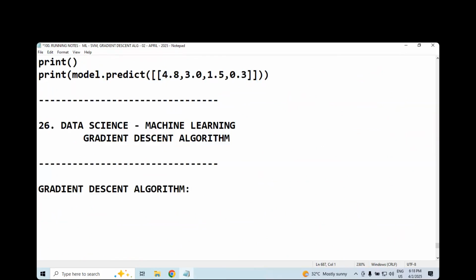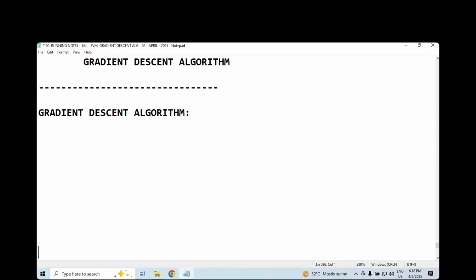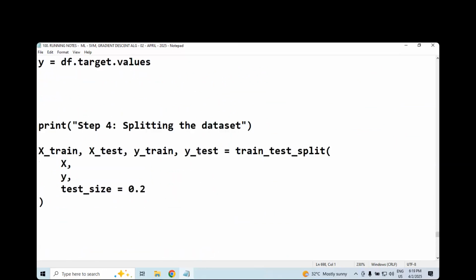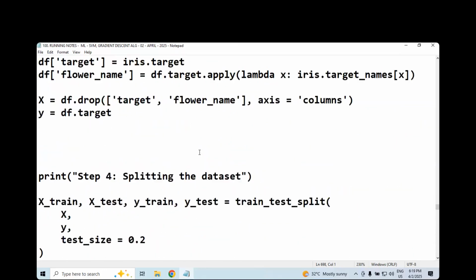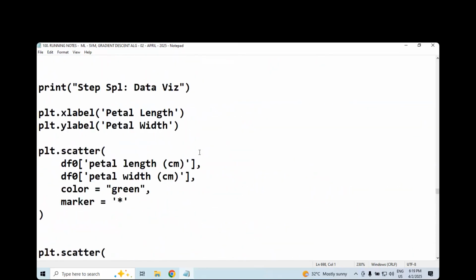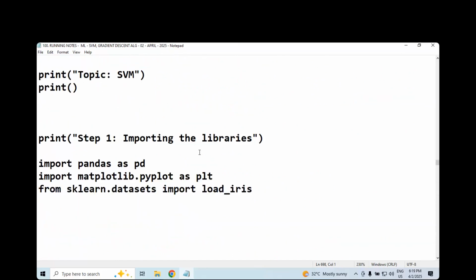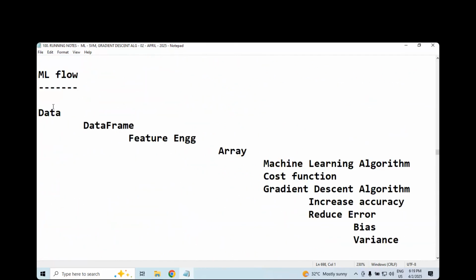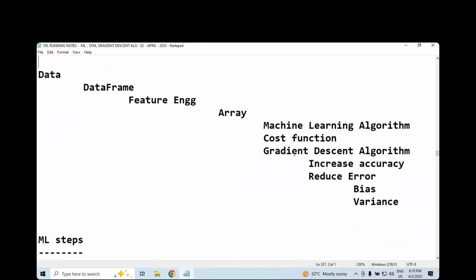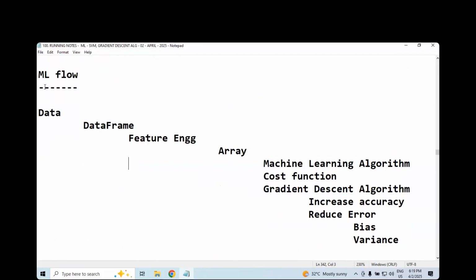You should have an idea about these. I'm sure you already know MLflow. In MLflow, one of the topic names is called what exactly? Now today you will understand what the major role is. Here you can see the gradient descent algorithm.